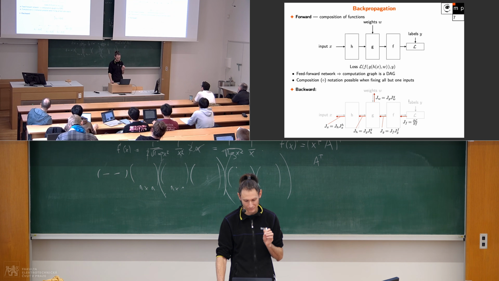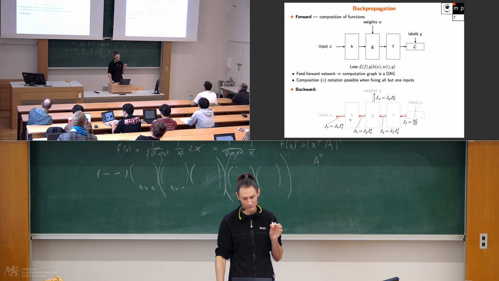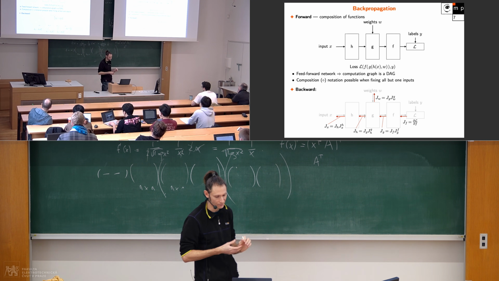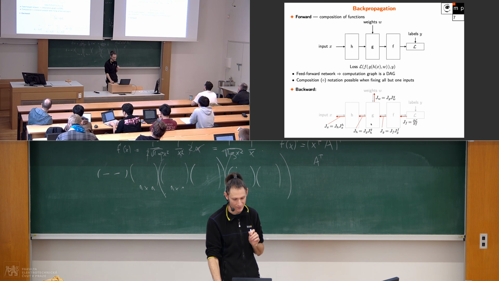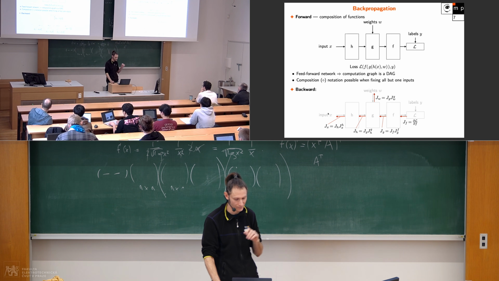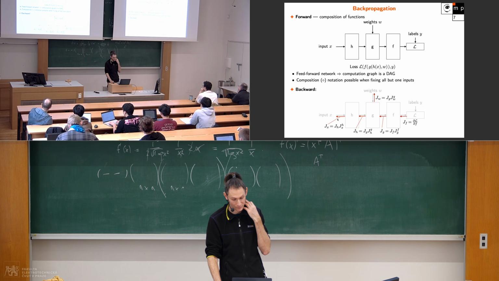We need to take the gradient of the loss, the derivative of the loss, then multiply it with the Jacobian of f, and then do it along these red arrows. At each red arrow we have the current row vector, that's the derivative of the loss with respect to the output of this layer, and multiply it with the Jacobian of that layer, and that gives us the derivative with respect to the input.